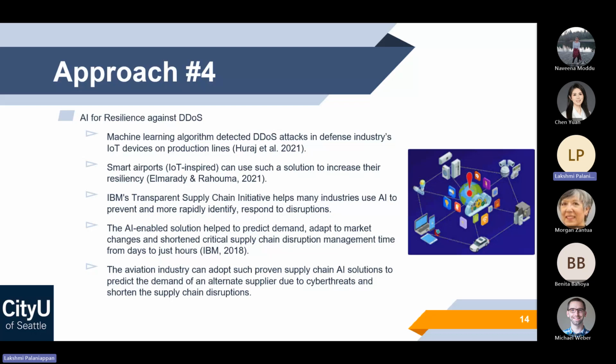IBM's Transfer and Supply Chain initiative helps many industries use AI to optimize supply chain operations for efficiency, predict demand, adapt to market changes, and shorten critical supply chain disruptions management from days to just hours. The aviation supply chain involves numerous entities, including aircraft manufacturers, component suppliers, maintenance and repair organizations, and software providers. The aviation industry can adopt such proven supply chain AI solutions to predict the demand of an alternate supplier due to cyber threats and shorten the supply chain disruptions.